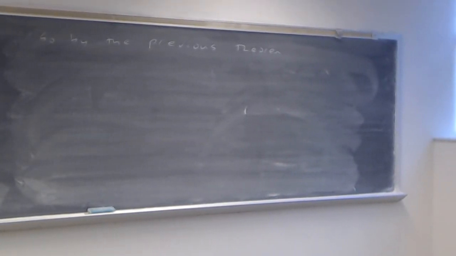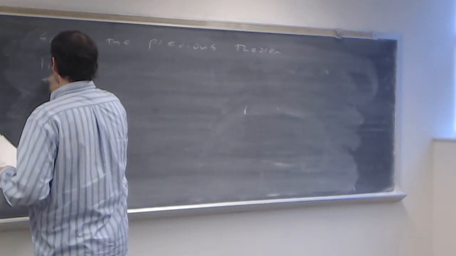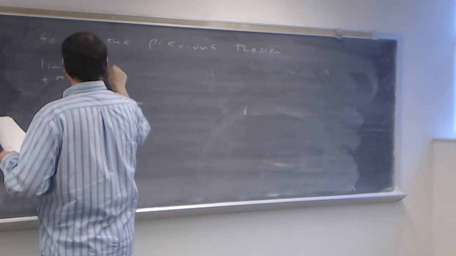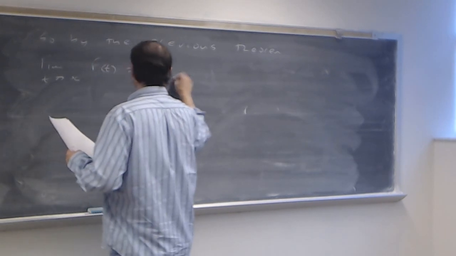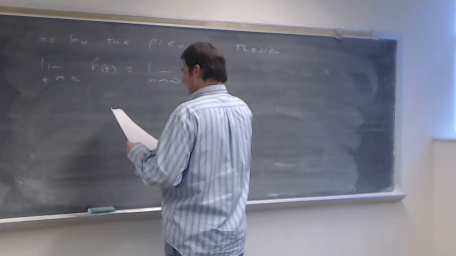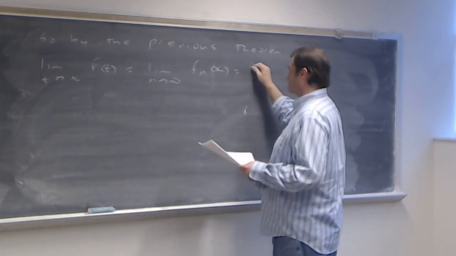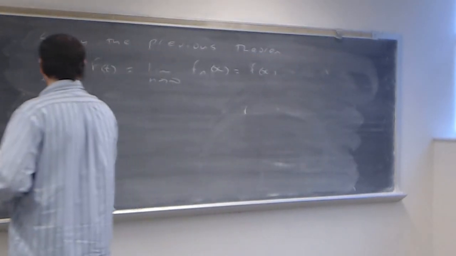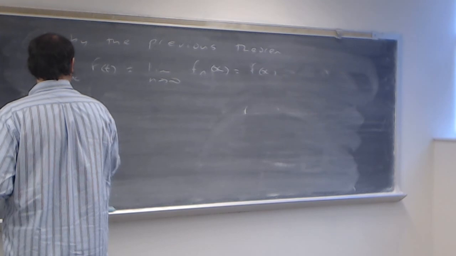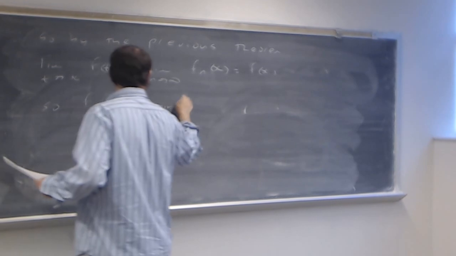So, as I was saying, by the previous theorem, the limit as t goes to x of f of t will be equal to the limit as n goes to infinity of f sub n of x, and since this converges, it converges to f of x, and that shows f is continuous at x.